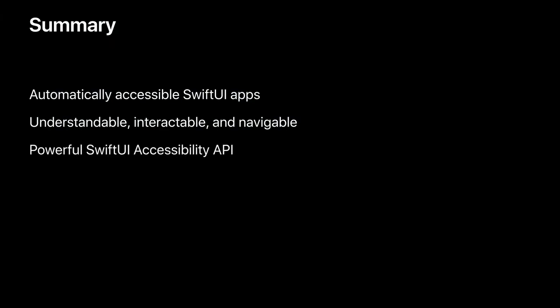I know we've been drilling it into you, but remember, understandable, interactable, and navigable. To go beyond the basics and add polish, SwiftUI has a powerful accessibility API for you to use. And that API is now, finally, unified across all our platforms. So you only have to learn it once.